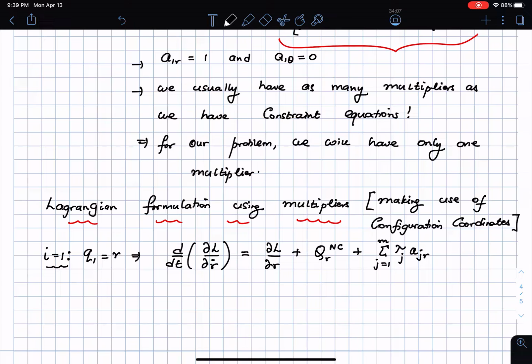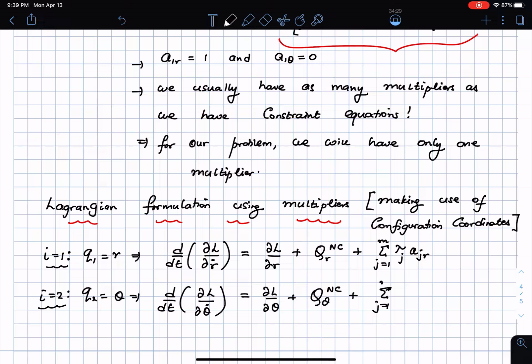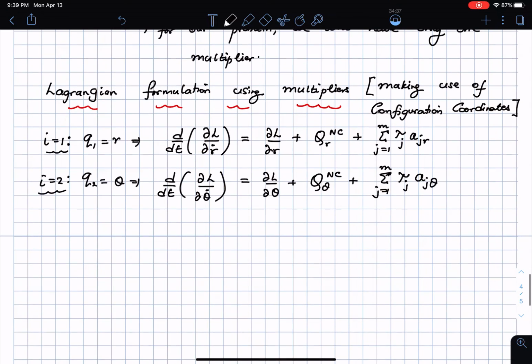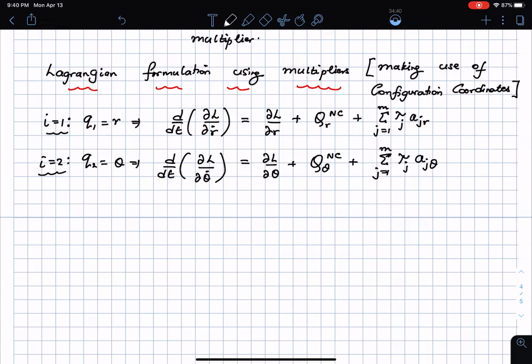Because this is for i is equal to 1, and then likewise i is equal to 2, where say q2 is theta, then we have d by dt dL by d theta dot is equal to dL by d theta, and then Q_theta nc plus summation j is equal to 1 to m lambda j a_j theta. Okay, we start expanding and doing the substitutions and so on. So before that, we have to see what are our non-conservative forces.